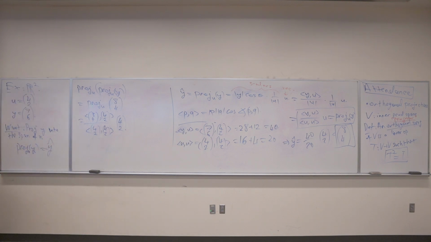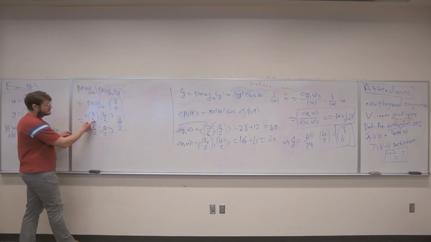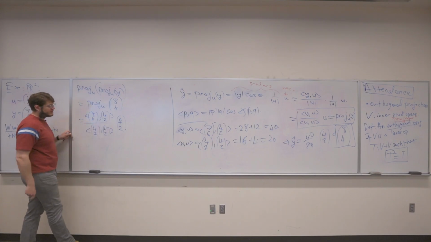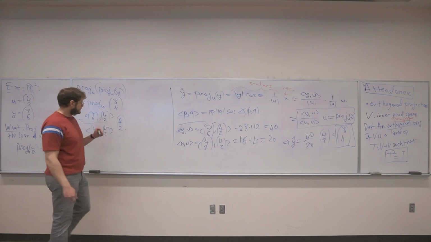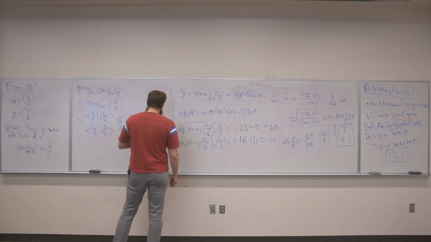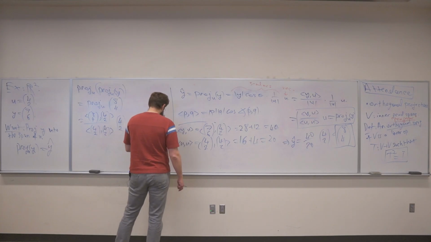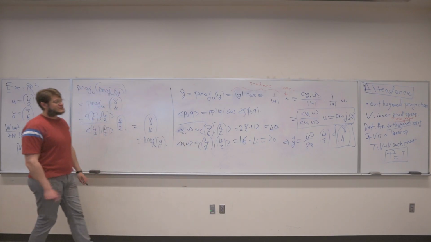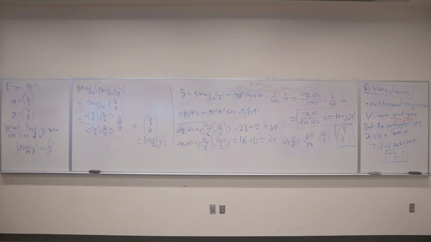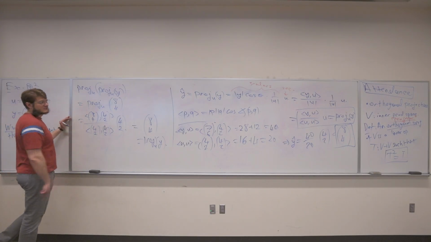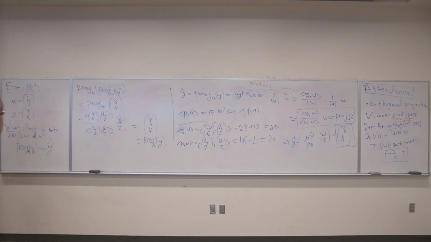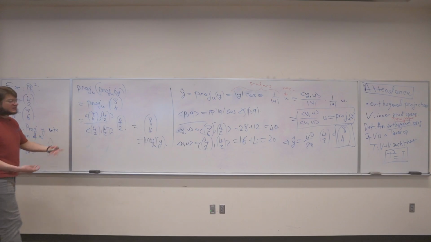At this point, we can take out a factor of 2 from this inner product, and the numerator and the denominator would cancel, and you would again get back 8, 4. So you see this proj sub u is something that once you apply it once, you don't need to apply it again, which makes sense because once you orthogonally project something onto something else, if you project it again onto the same thing, you're not going to move.